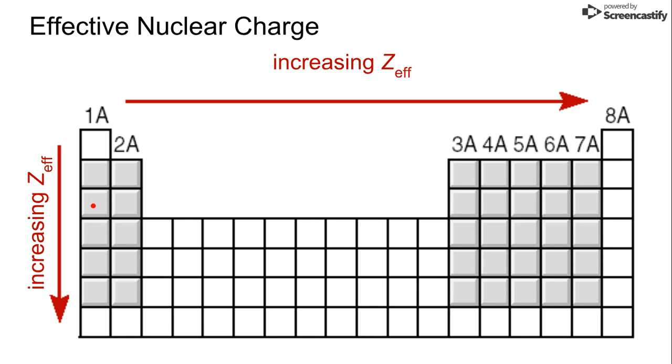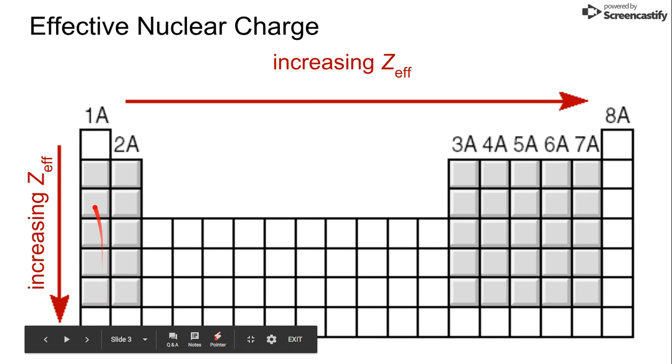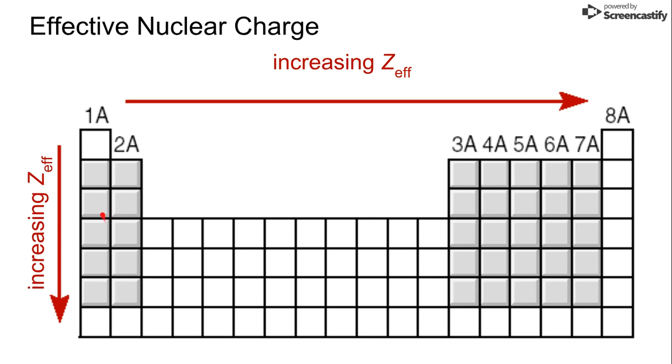But as you move down, there's another energy shell that outermost electron has to see through. And therefore, you're not going to get as strong of an attraction. And so effective nuclear charge increases from left to right across the table, and it increases from the bottom to the top. So again, this arrow is incorrect. I've been saying I need to change it for years, and I just haven't done it yet.